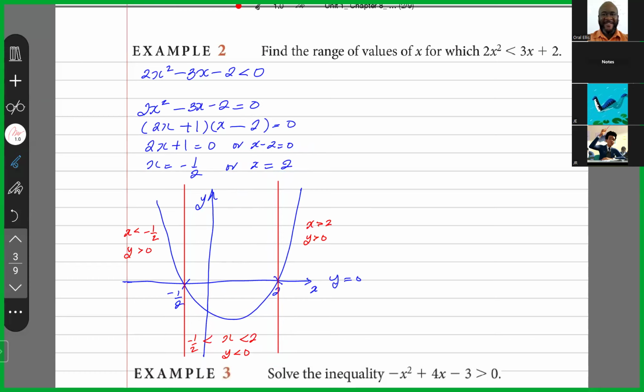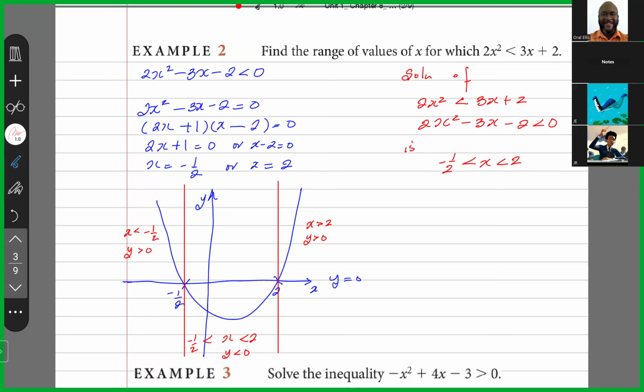So the values of x for the region of the graph where y is less than 0, the solution of 2x squared is less than 3x plus 2, which is the same as saying 2x squared minus 3x minus 2 is less than 0, is x is less than 2 but greater than minus a half.